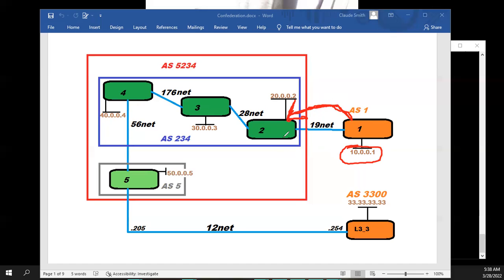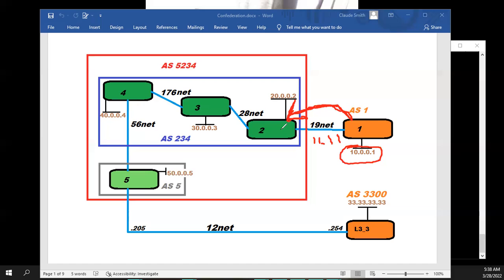Router number 2 says, okay, cool, no problem. I got your information and I got your next hop at 1.1.1.1. Okay, that's the autonomous system next hop out to this external, the autonomous system next hop for autonomous system number 1.